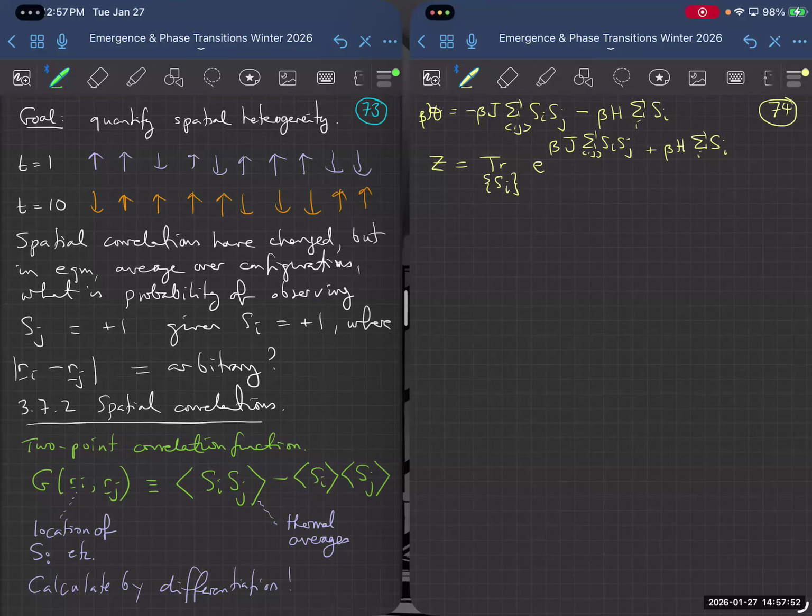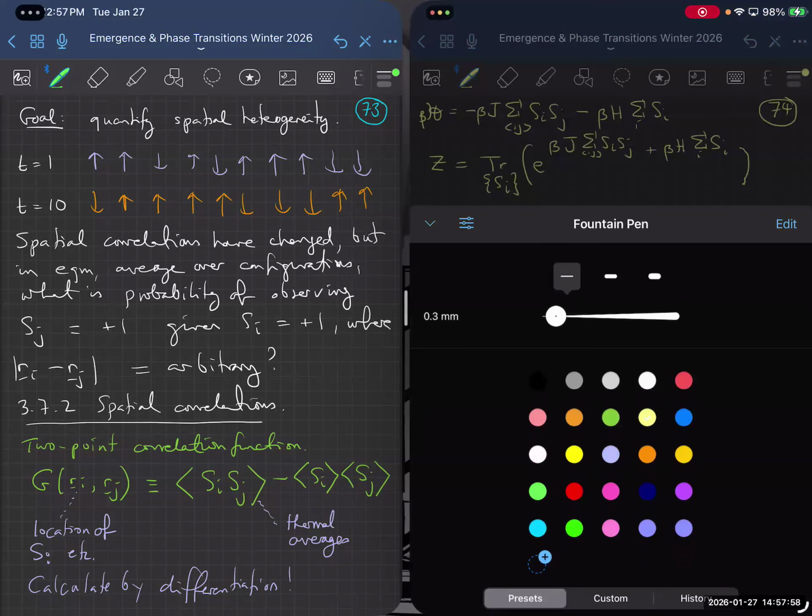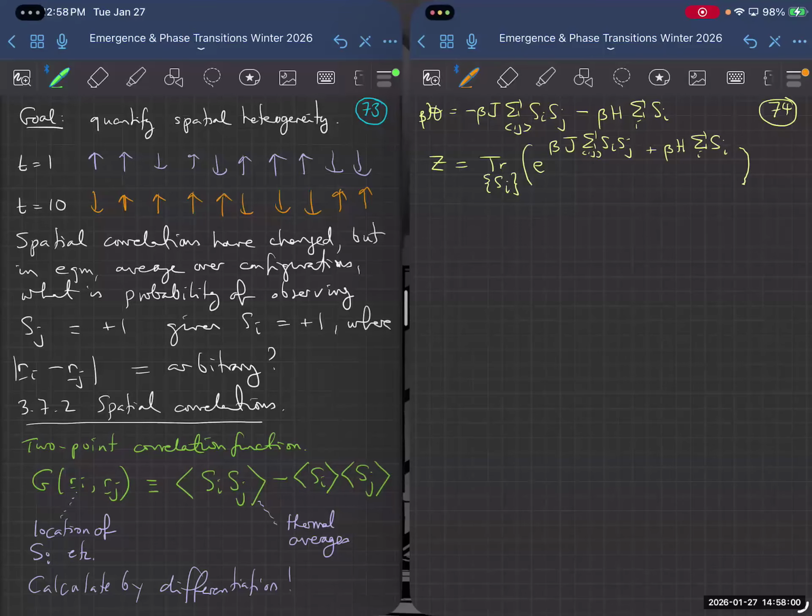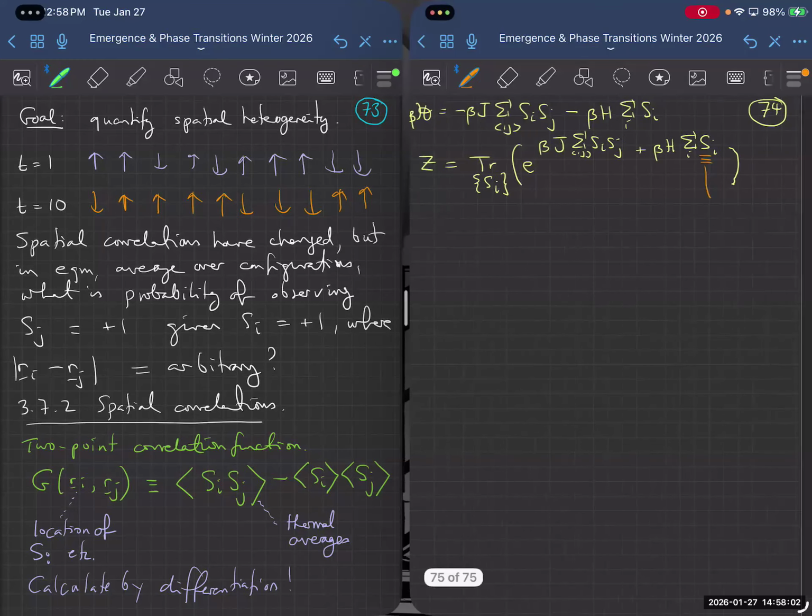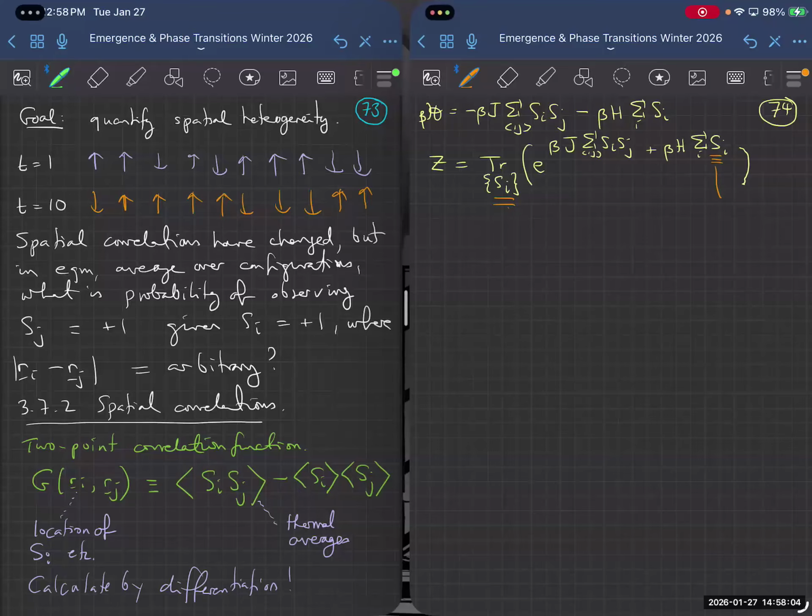And when I do this, I'm integrating over the S_i's, so the spins are the dummy variables. They don't appear in the answer.